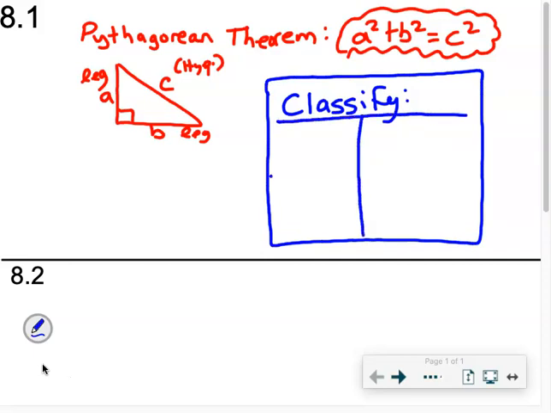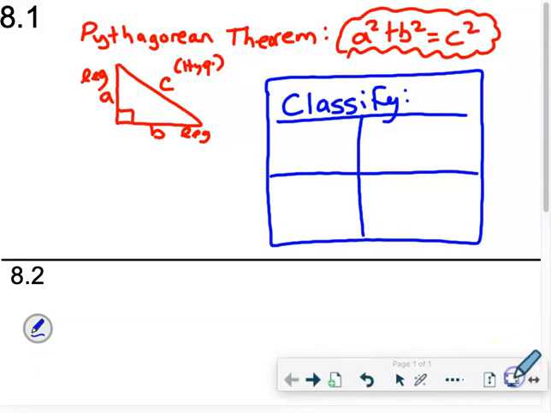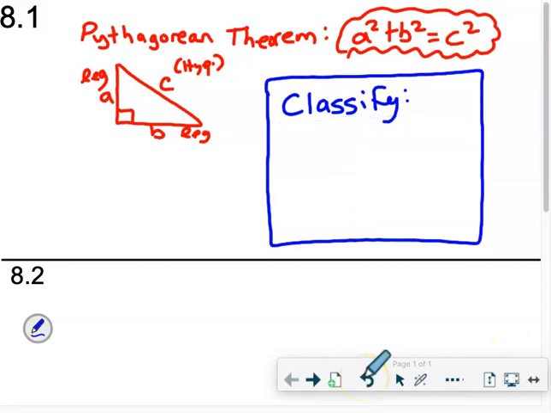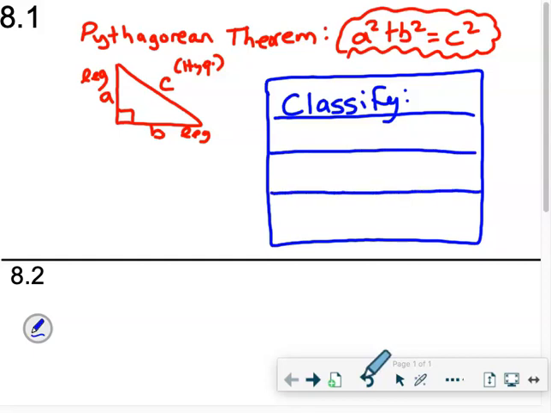Three things could happen. You could end up with an acute triangle, with an obtuse triangle, or with a right triangle.